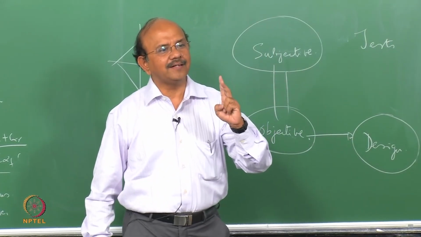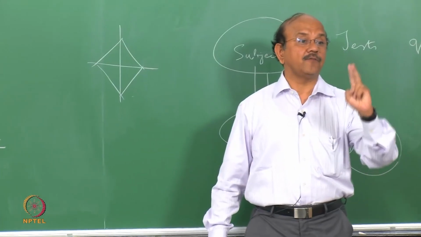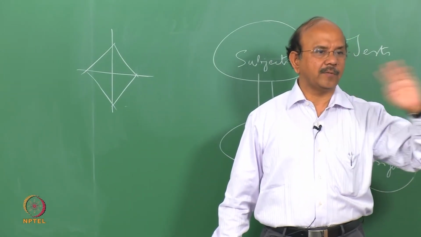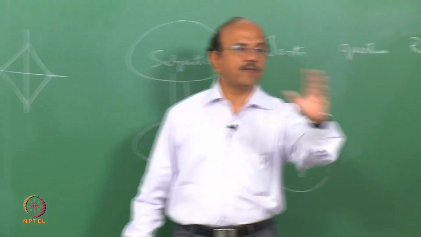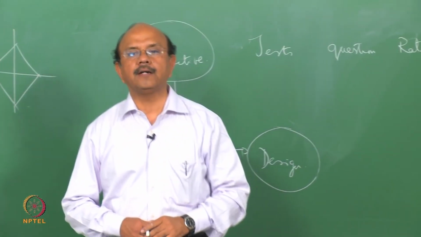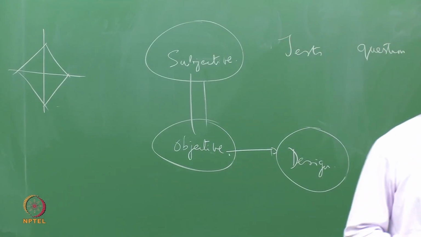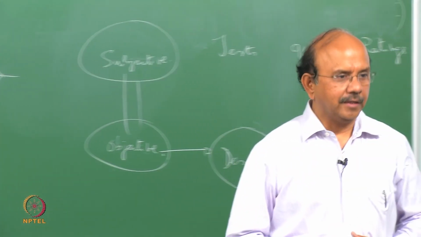This is not like design. Look at this carefully. For example, you did a course on finite element analysis or mechanics of materials. In finite element analysis, you were told to calculate the von Mises stress, or equivalent stress, and then compare this with your yield.